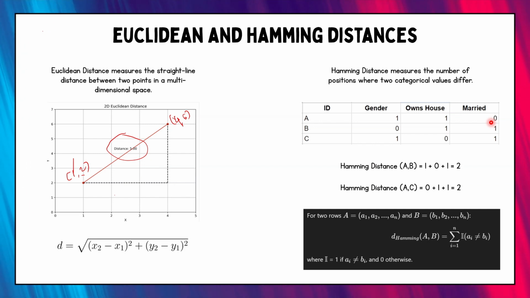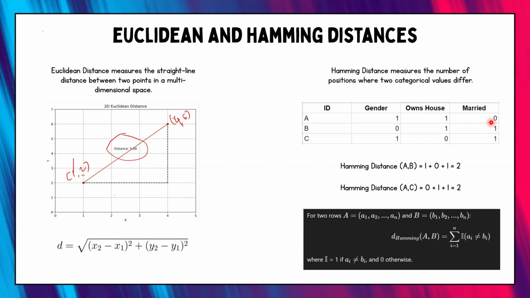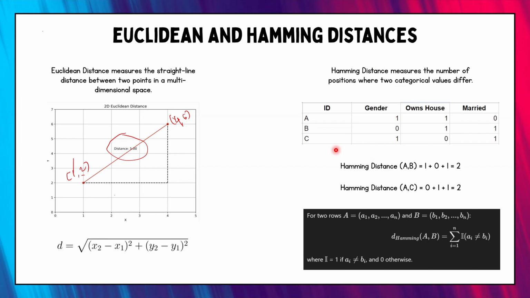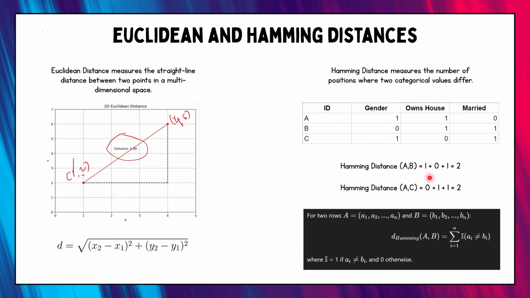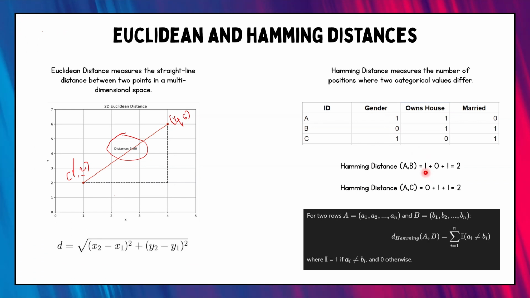You might have seen a similar kind of thing in the Gower distance video. So here, what we do with Hamming distance is that we add up the number of columns where the values for row A and row B differ from each other. In the first column, gender, A and B have different values, so we say 1 over here.